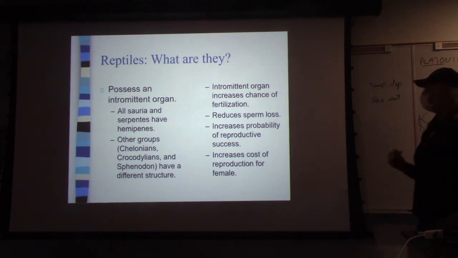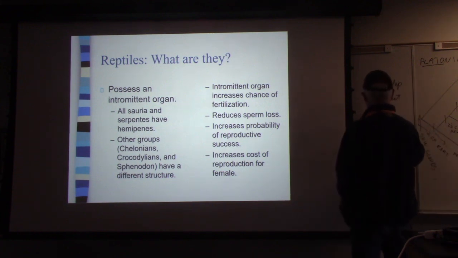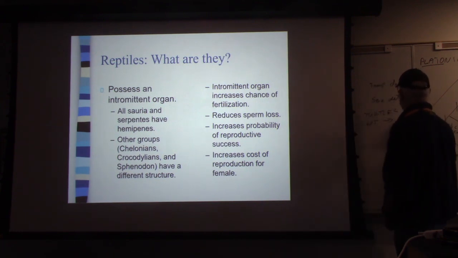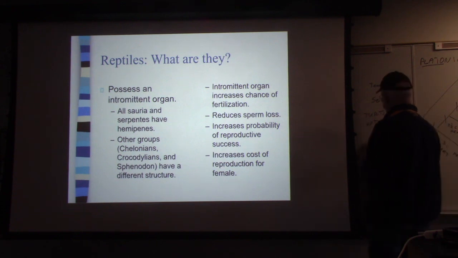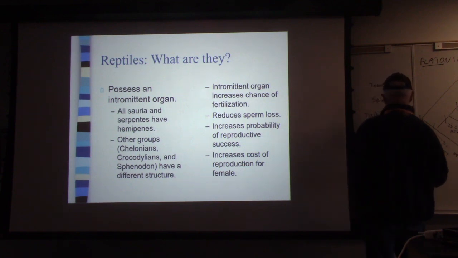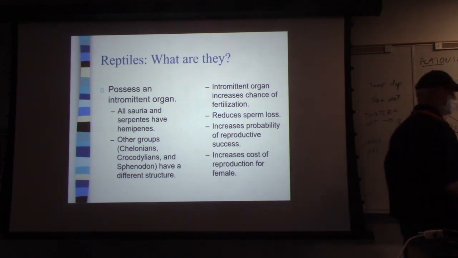In turtles, hot nests produce females. In crocs, hot nests produce males. Why?